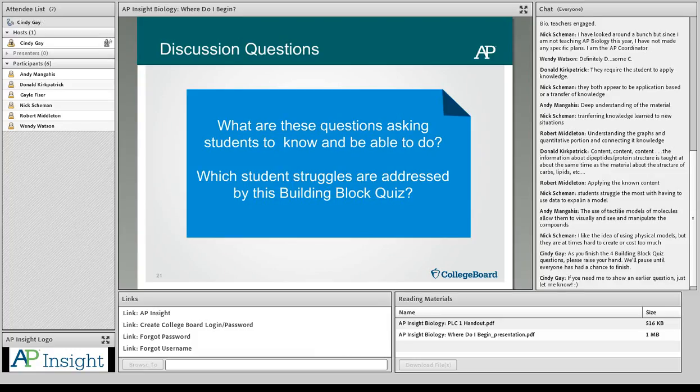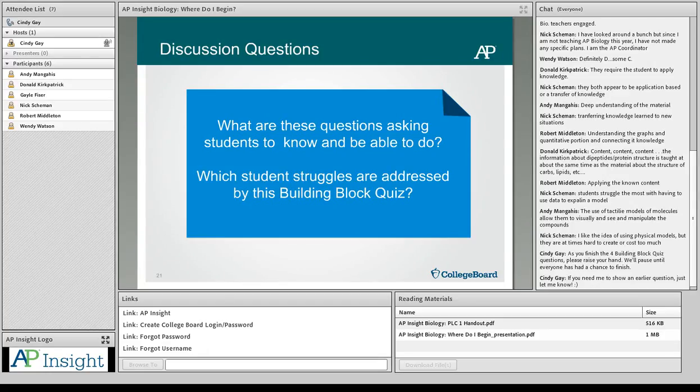And so some of the key points in these 4 questions are that they're really asking students to use a model to identify which atoms are found in which macromolecules.